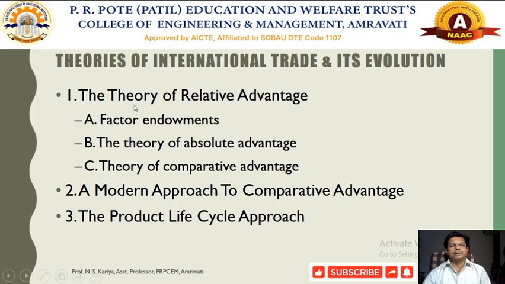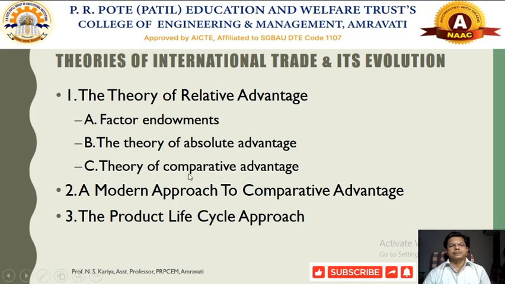The first theory is called the theory of relative advantage. This theory has been classified in three ways. The first one is factor endowment theory. The second one is the theory of absolute advantage. The third one is the theory of comparative advantage.